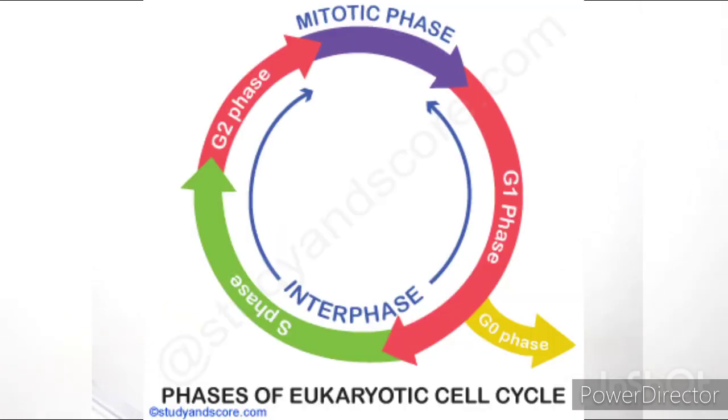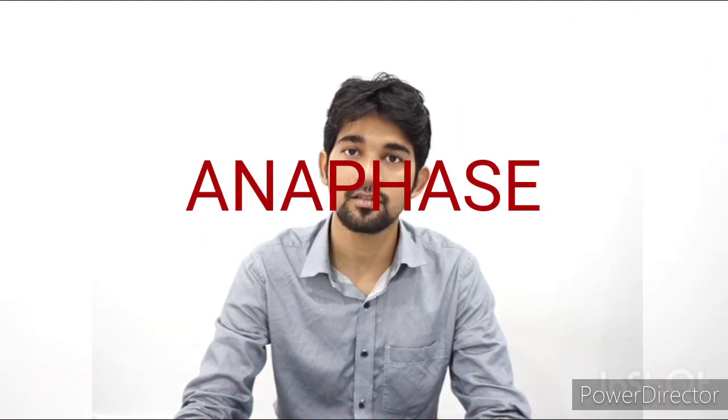So now comes the mitotic phase, which is also known as the dividing phase of the cell. During this phase the nucleus as well as the cytoplasm divides into 2 daughter cells, undergoing 4 important stages, which are Prophase, Metaphase, Anaphase and Telophase.